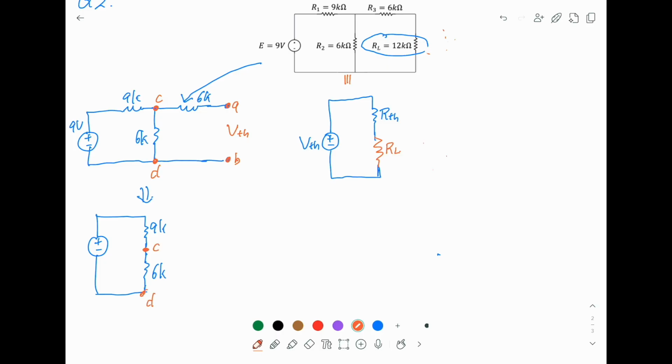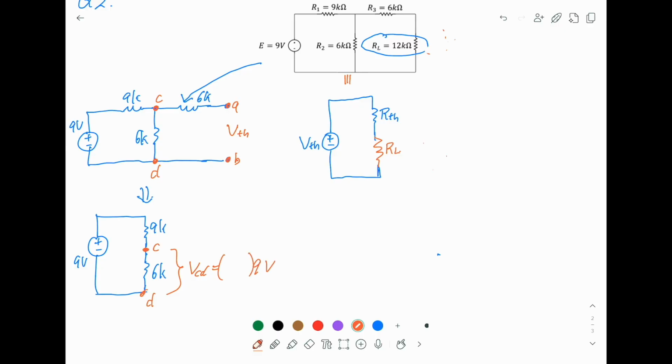So what we are saying is the voltage across AB, the Thevenin voltage, is exactly the same voltage here. And this voltage, if you see here, it is a potential divider. So this is very easy. And this voltage, the VCD, is proportional to 9 volt.